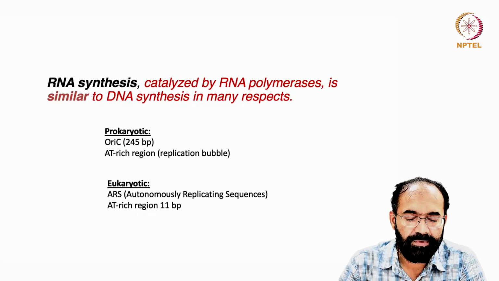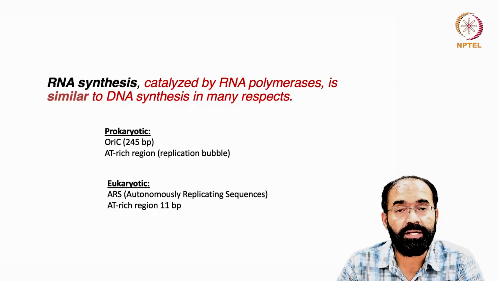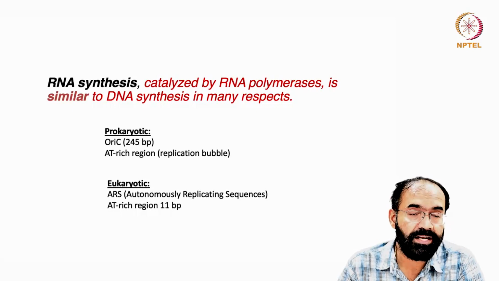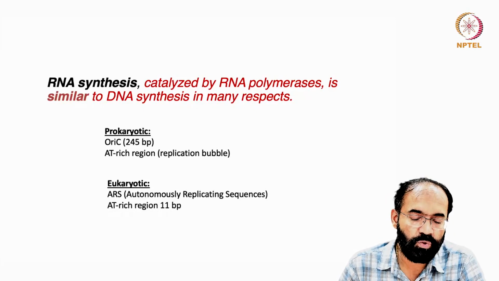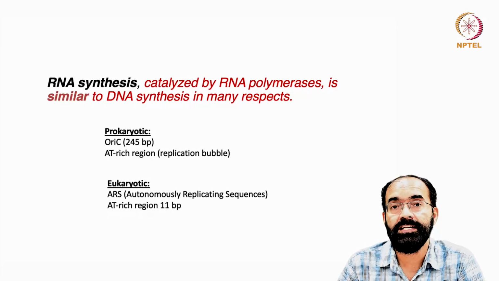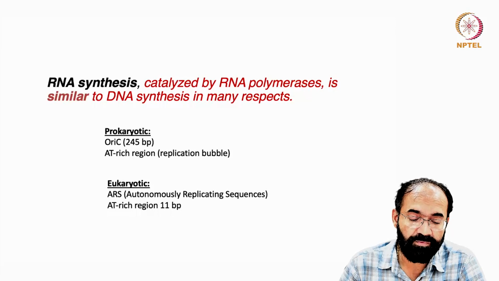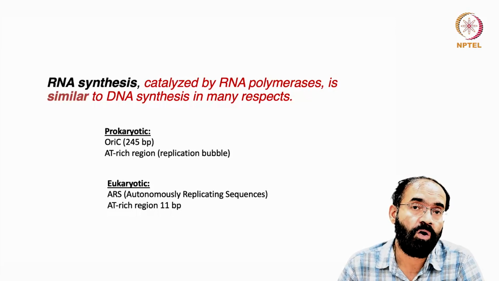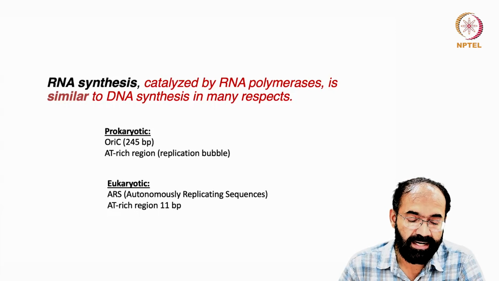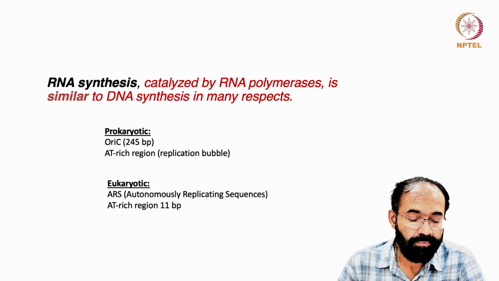RNA synthesis is similar in many respects to DNA replication. In prokaryotes you have a region called oriC, which is around 245 bases in length, an AT-rich region that initiates DNA unwinding and the formation of the replication fork. Whereas in eukaryotes, you have certain regions called ARS, autonomously replicating sequences.